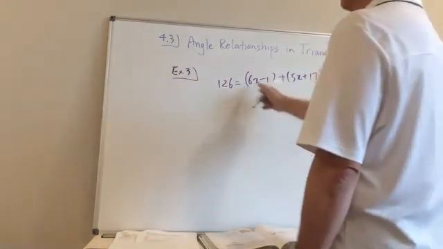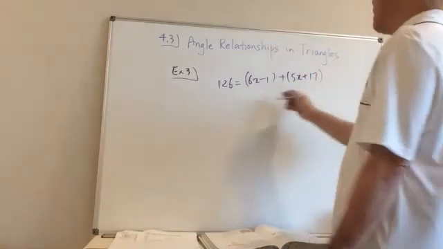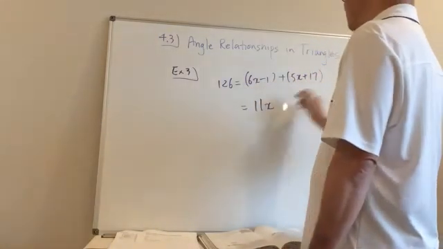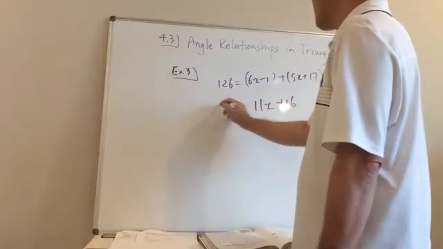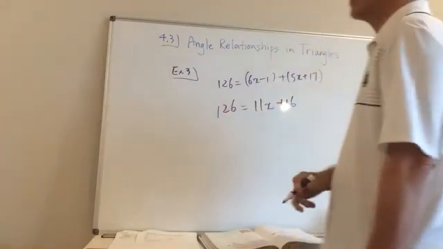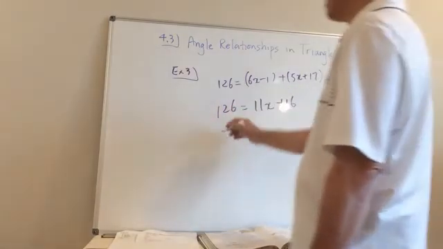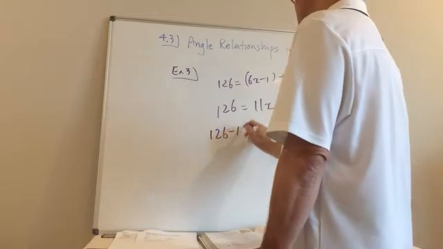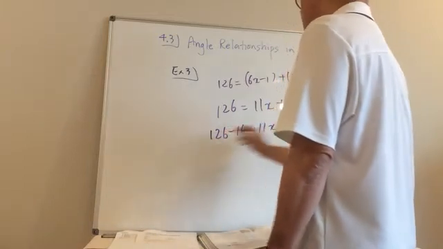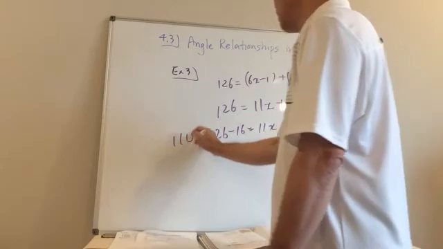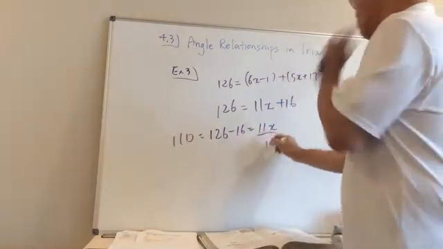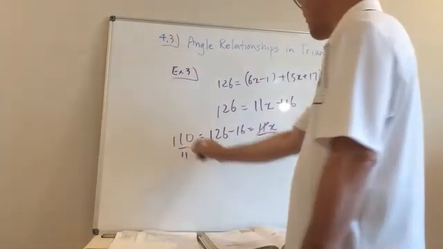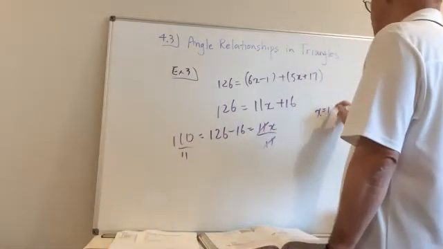Okay, so I would combine the like terms here. I get 11x. I have the minus 1 plus 17, so it's going to be plus 16 is 126. Move the 16 over. You get 126 minus 16 is 11x. This is 110. So I divide both sides by 11. I get 10 here. So x is equal to 10, okay?